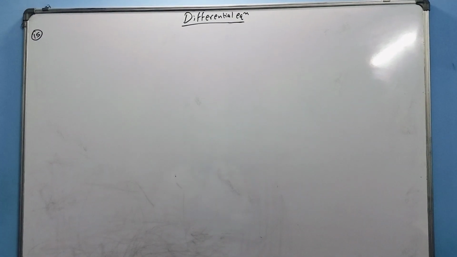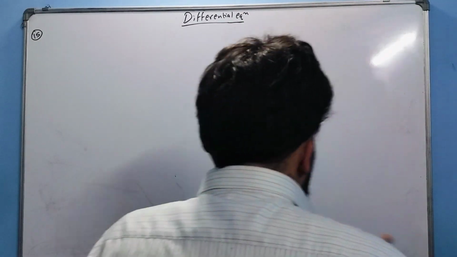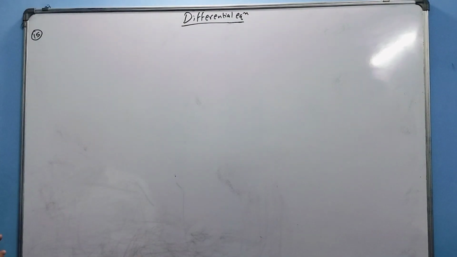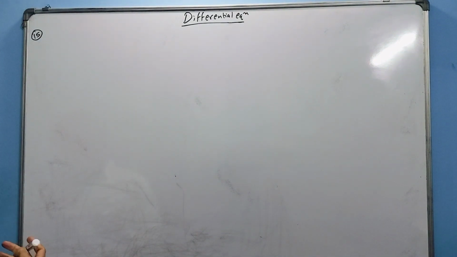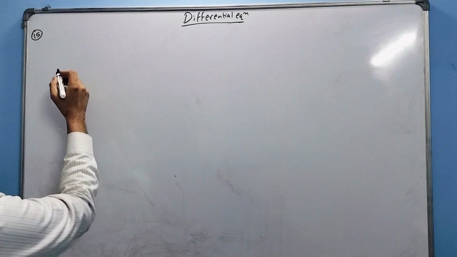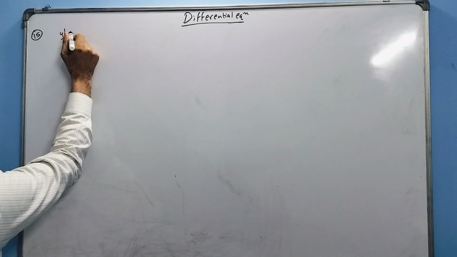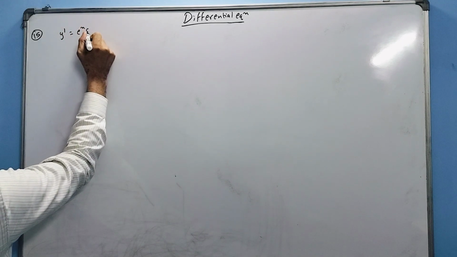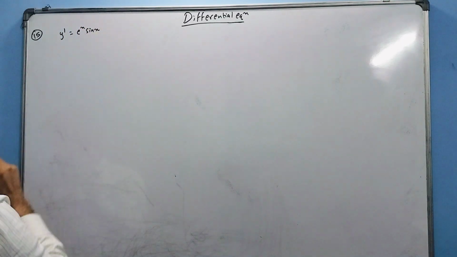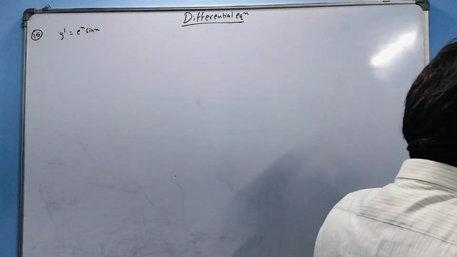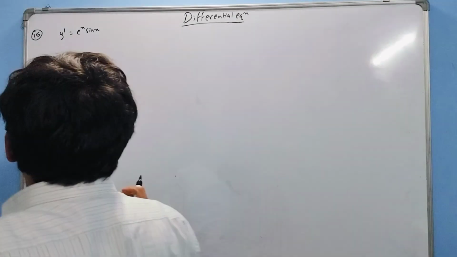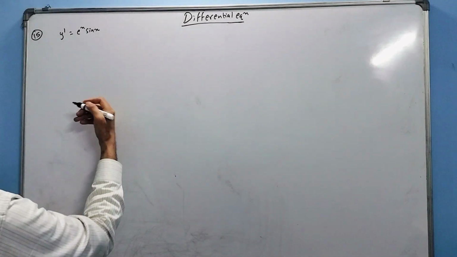Now we have the question: we need to find the equation of a curve passing through the point (0, 0), whose differential equation is y dash is equal to e raised to the power x sin x. We need to find the equation of a curve passing through the point (0, 0). So it means x is equal to 0 and y is equal to 0.